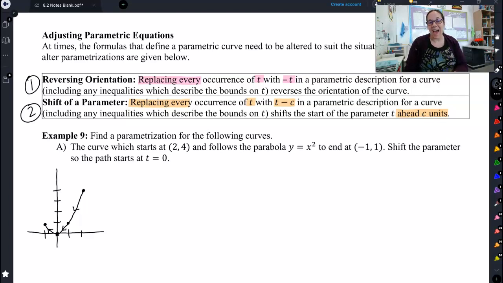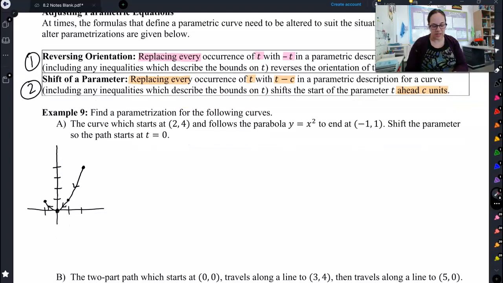So I want to add 1 to both of my t values. So I would replace every t with a t minus 1, and that would move it ahead 1 unit. So those are our two kind of adjustments that we make.